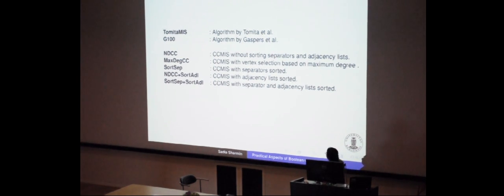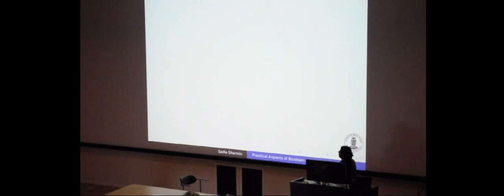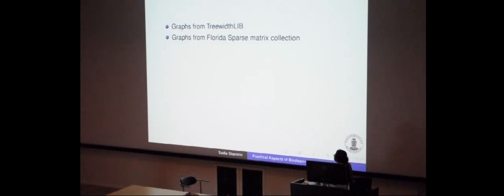So first we compare, but first let me give you the dataset that we used for this experiment. We use graphs from a previous library, and these are the graphs that we will be using for the computation of Boolean dimensions. We also use graphs from the Florida sparse matrix collection.